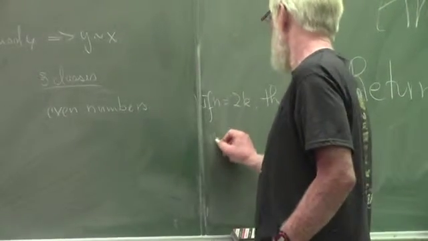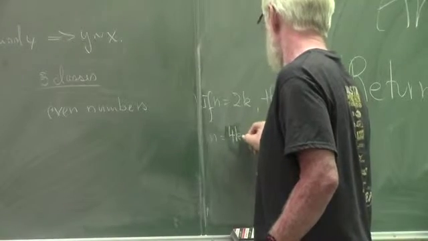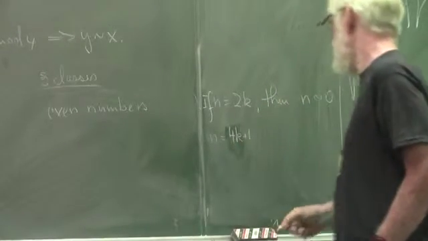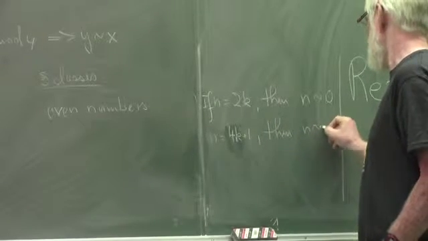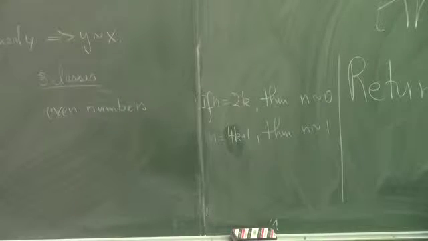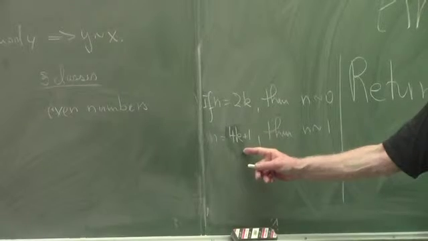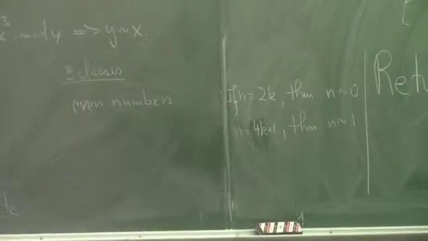If n is 4k plus 1, then n is equivalent to 1, right? Because if you raise this to the third power, you get something that's divisible by 4 plus 1.